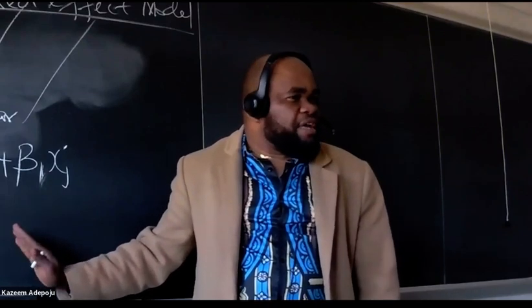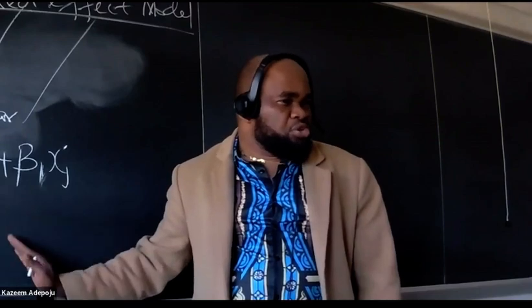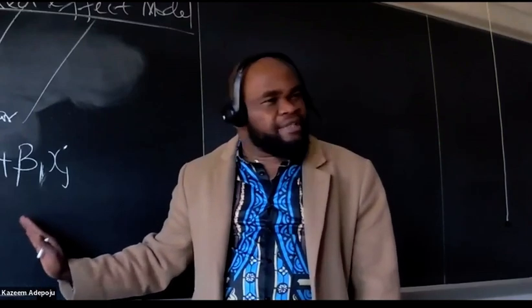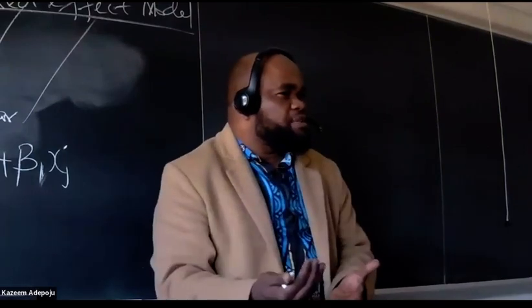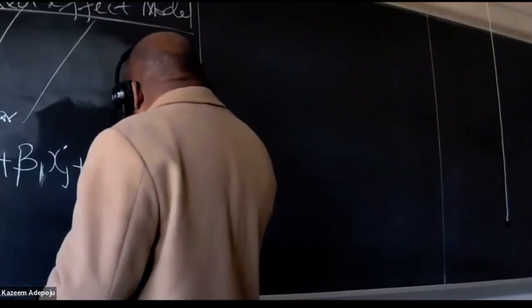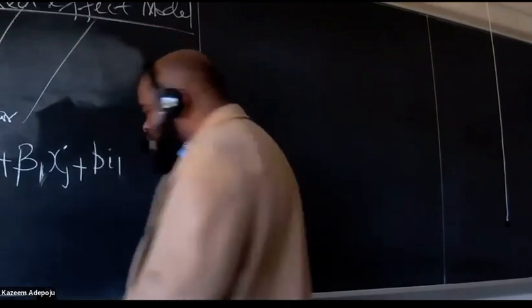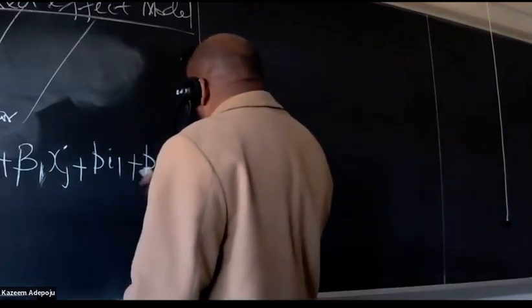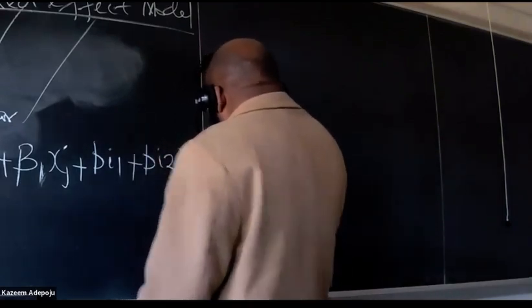A fixed effect is not good for longitudinal data, where there are repeated measurements. What do I need to do? I can incorporate a random intercept, and also incorporate a random slope.